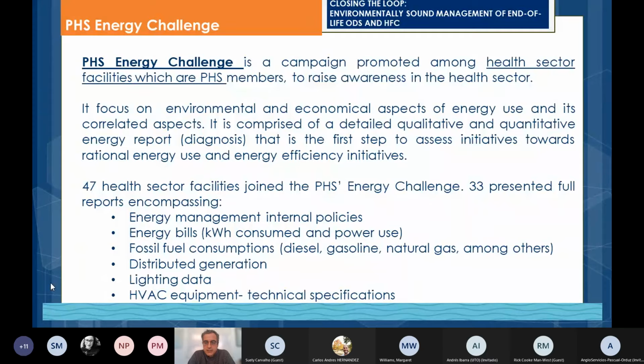We started with 47 facilities and 33 of which completed the entire process.